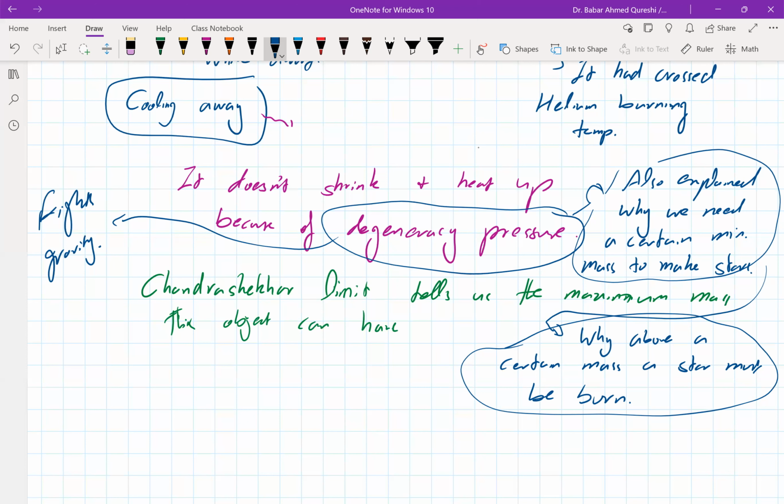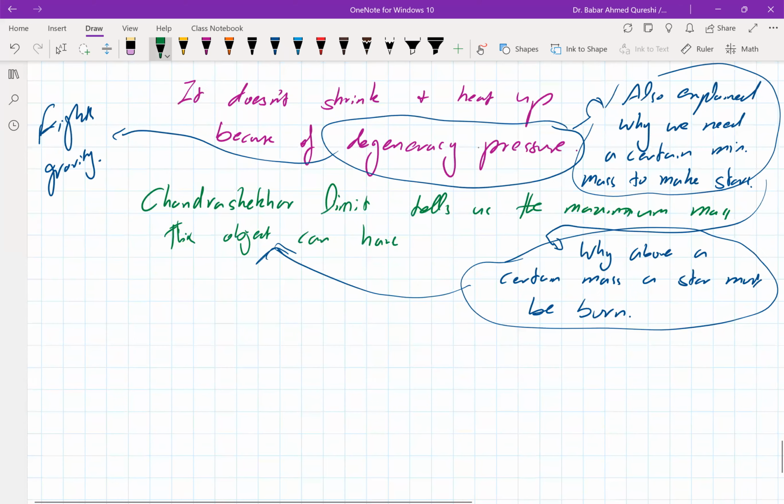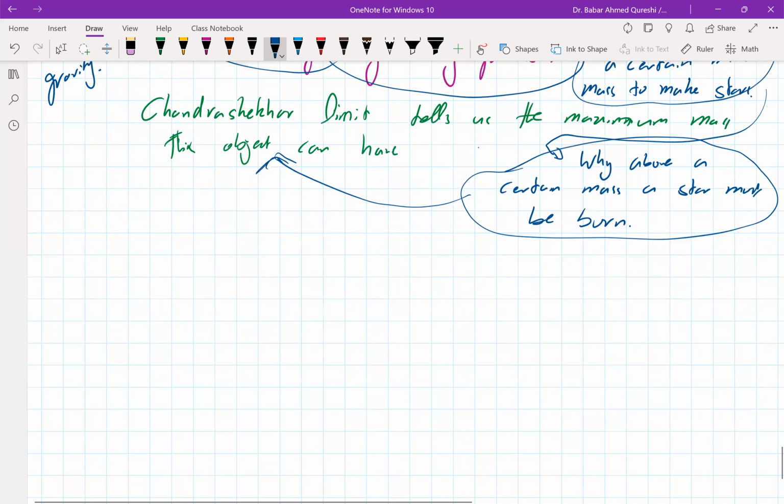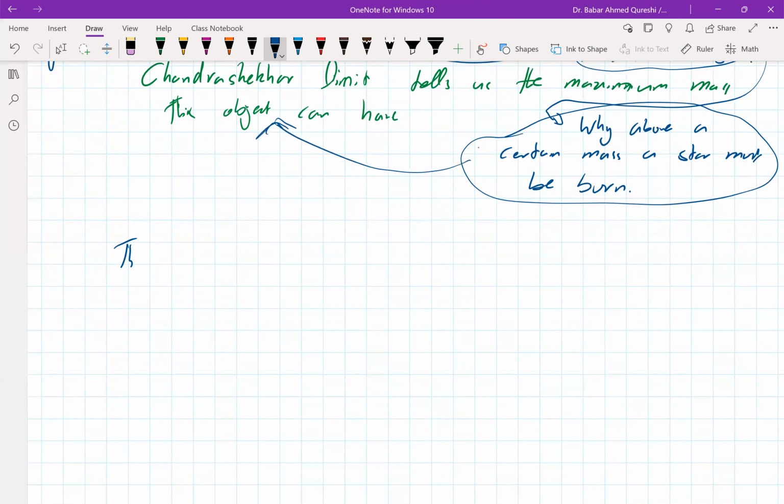But even in these larger clouds, in the final stages, when the nuclear furnace has gone out, degeneracy pressure sets in and gives you the white dwarfs. Then finally, we said that there is a twist in this story.